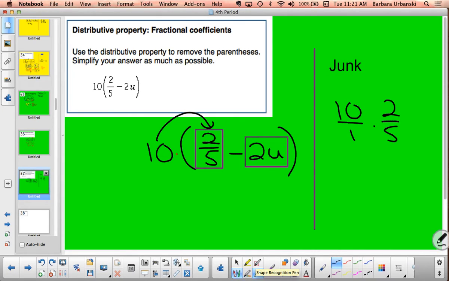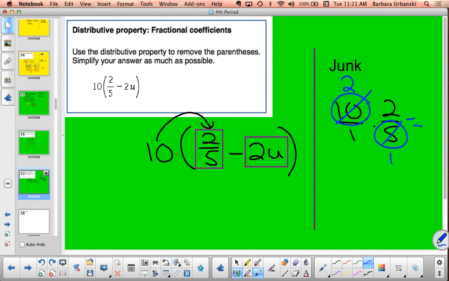We look to simplify before we multiply, looking at a numerator number and a denominator number that would share a common factor. Here we can see that we've got a 10 and a 5. We ask ourselves, what is the common factor? It's 5. As you cross this off, you would say 10 divided by 5 would be 2. 5 divided by 5 would be 1.